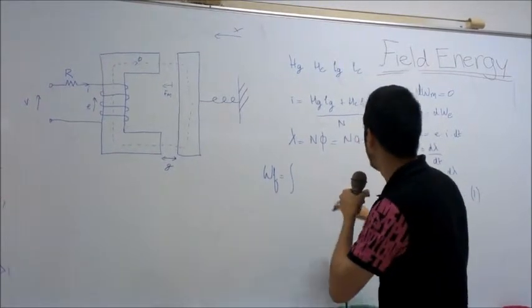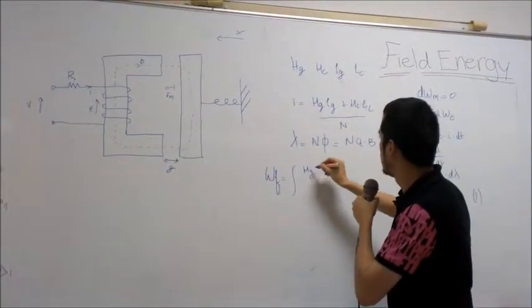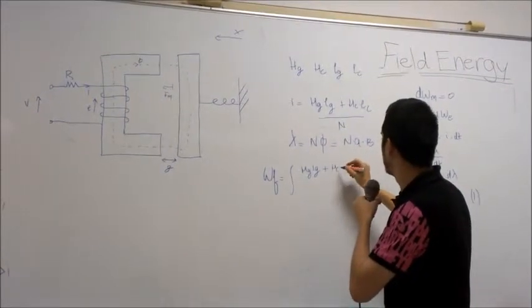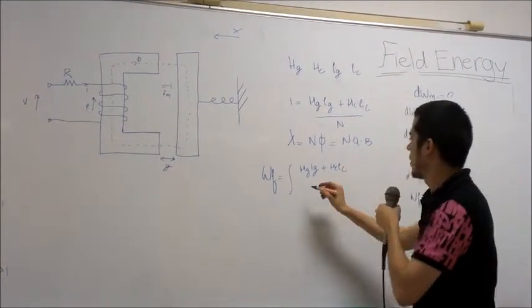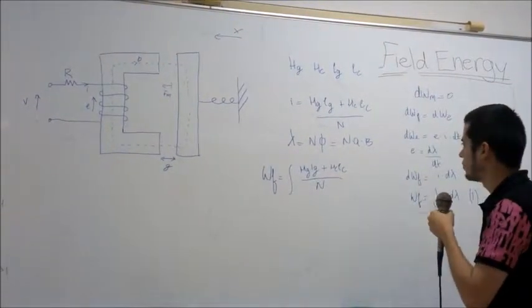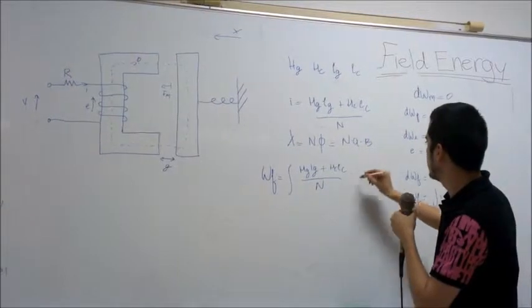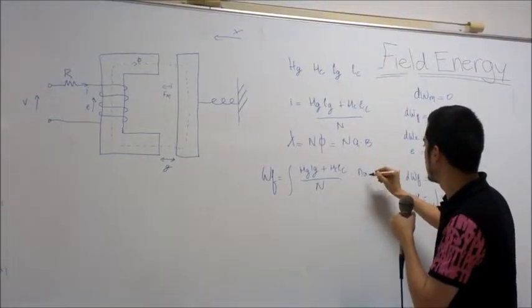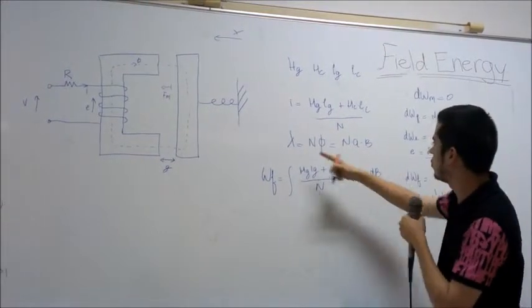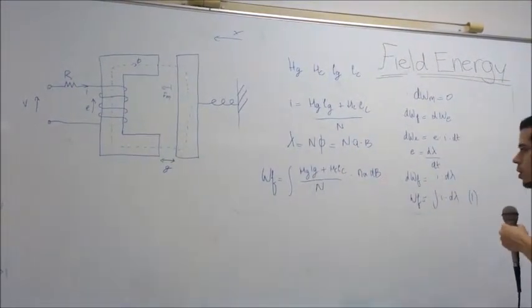And that's simply the integral of Hg Lg plus Hc Lc divided by the number of turns of the coil, times N A dB, because we have the derivative of lambda.